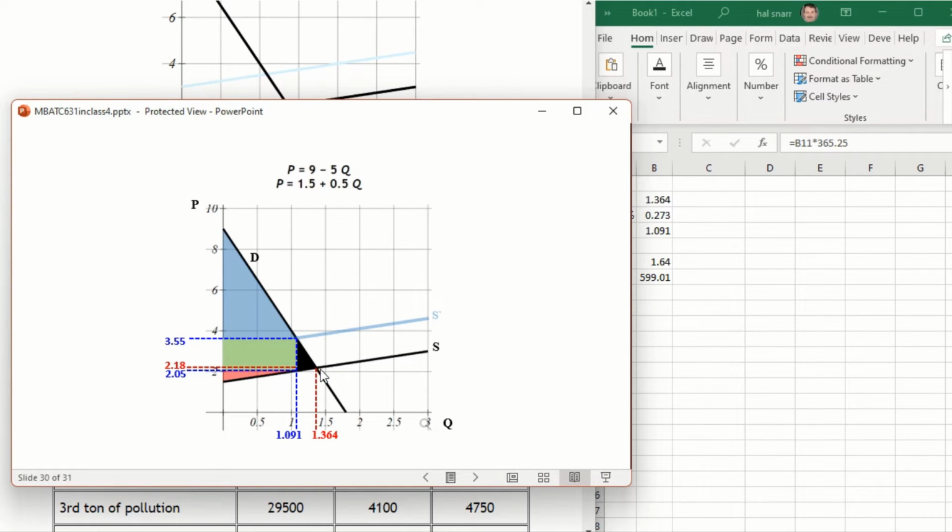Now, with regard to the firms, maybe this value here demarcates or separates the low-cost, big, established firm that makes and sells cigarettes from smaller, higher-cost producers of cigarettes.